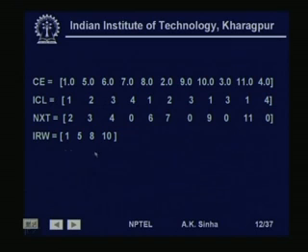Now one question comes: why do we use this array next?